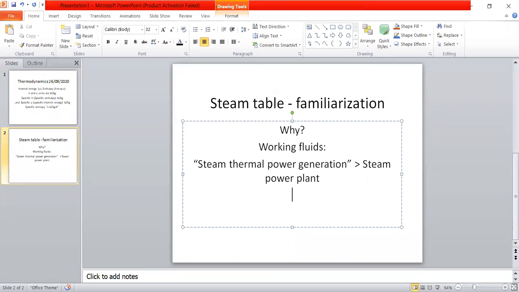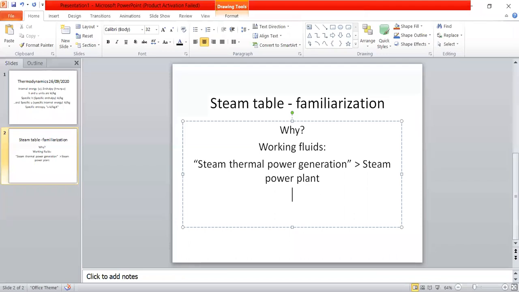Not possible. And the first step of learning steam, the working fluid, is to look into the thermodynamic properties of steam. Those are included in the steam table.